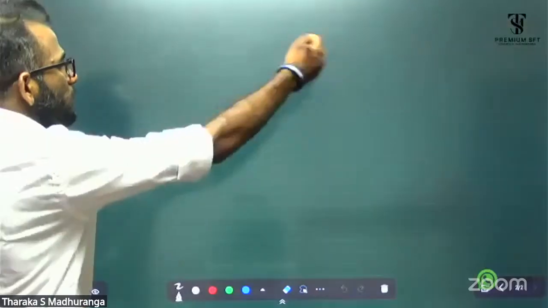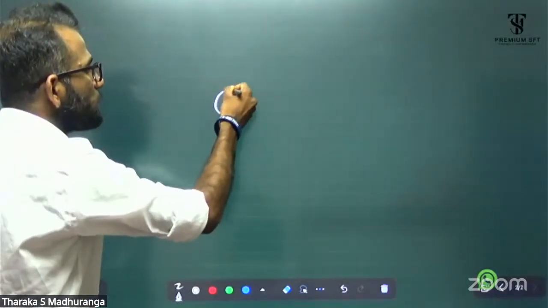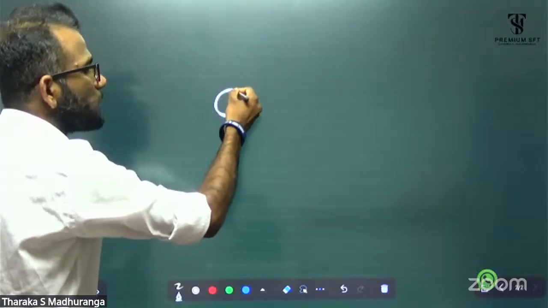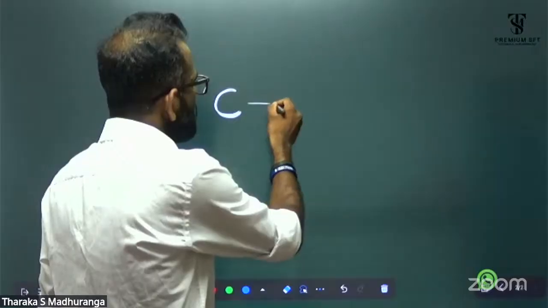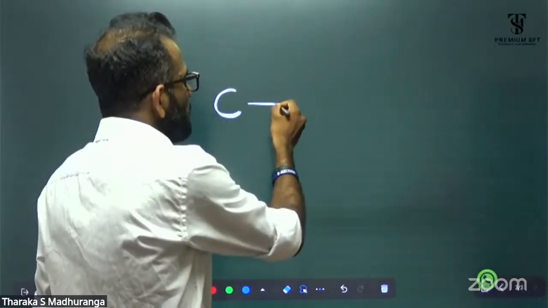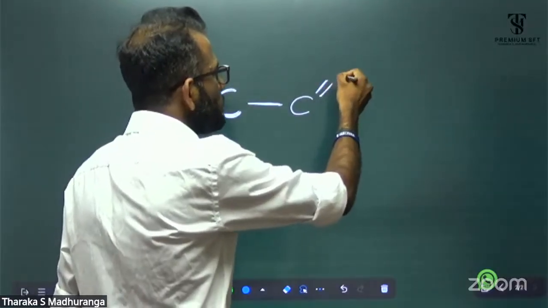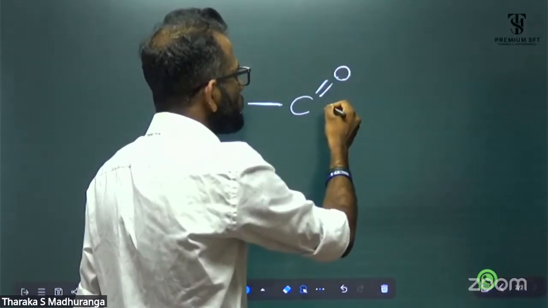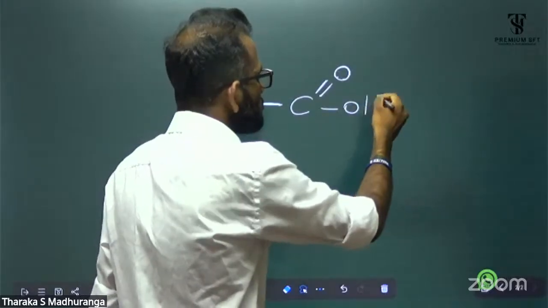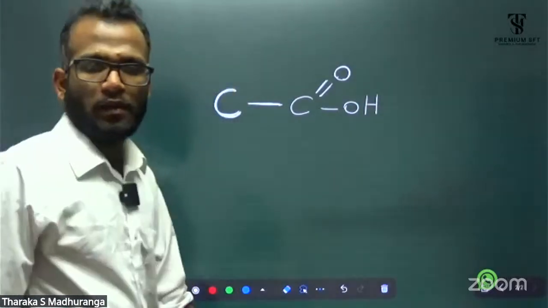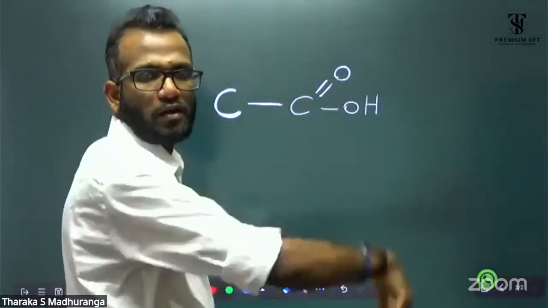In the middle, there is a carbon that we call the alpha carbon. It has a special functional group that we call COO, the carboxylic group.